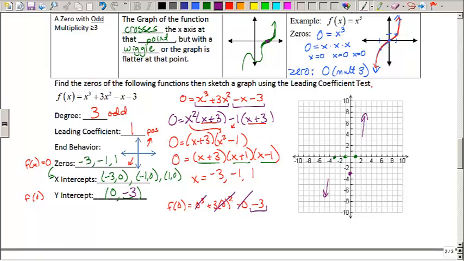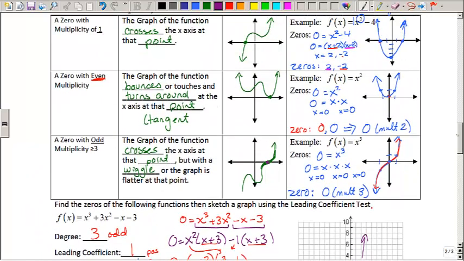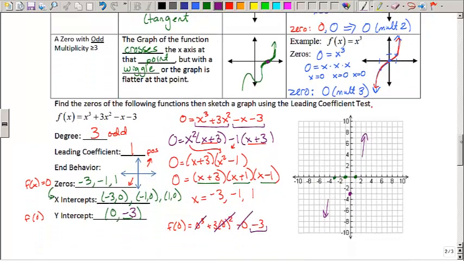None of these zeros have multiplicity, so none of them will be bouncing like we had up here with an even multiplicity. None of them will go through with a wiggle with an odd multiplicity greater than or equal to 3. All of these just have a multiplicity of 1, meaning I'm just going to go straight through.